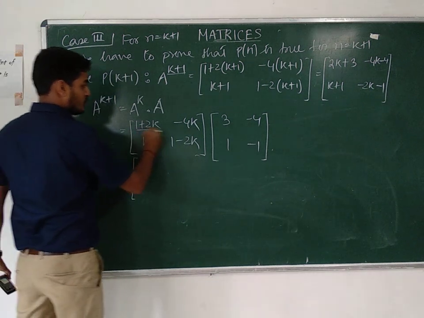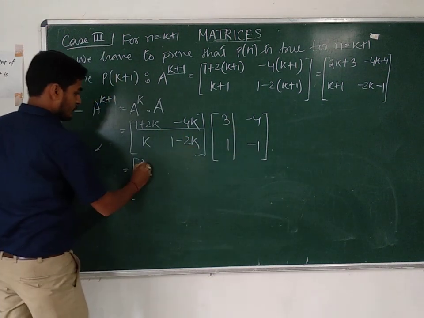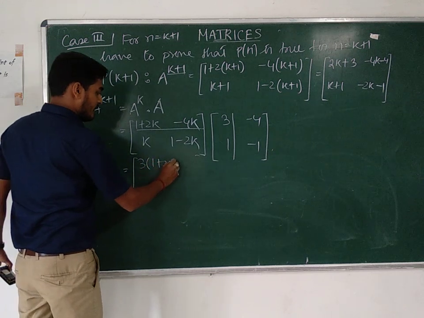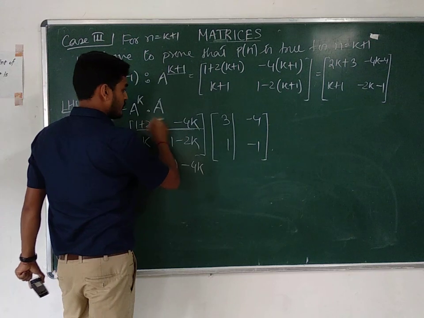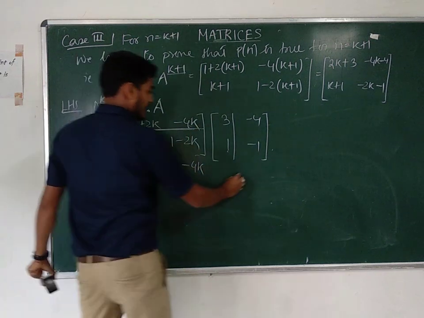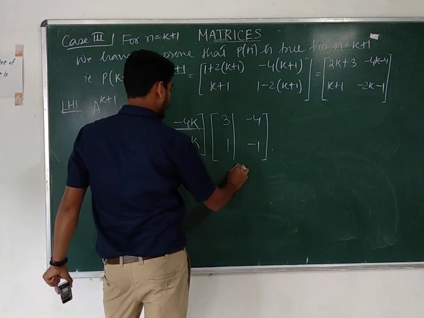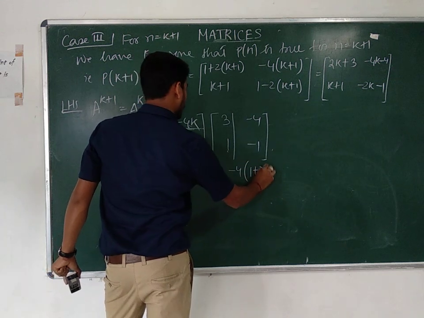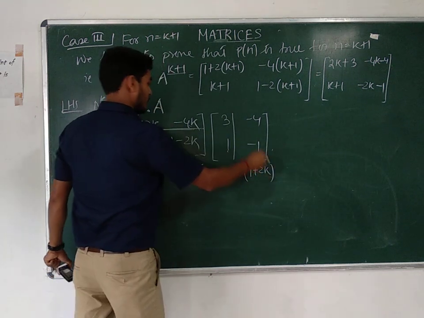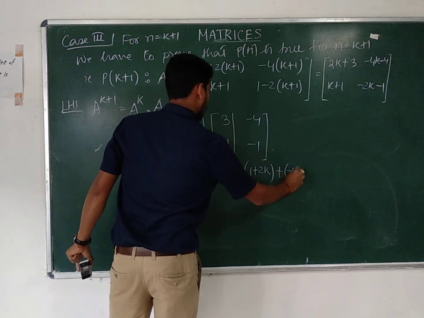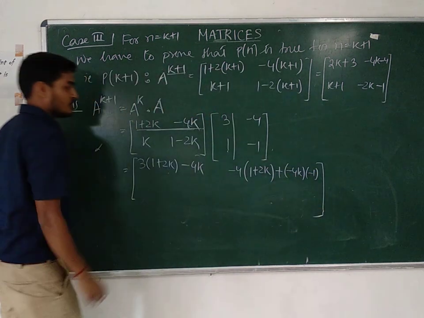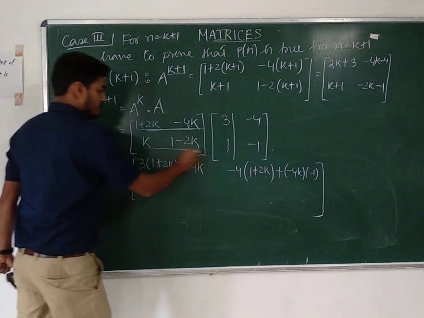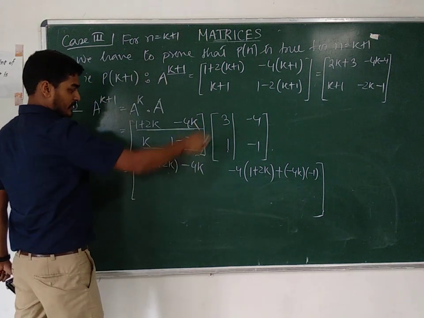So first row first column: 3 into 1 plus twice k, minus 4k. Then first row second column: minus 4 into 1 plus twice k, plus minus 4k into minus 1.